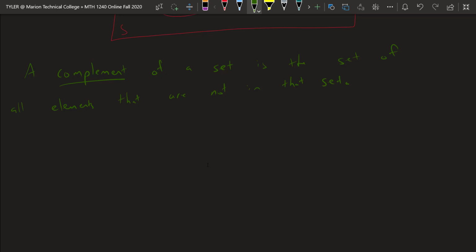In other words, if you remember, S is the set of rolling a 12-sided die, so it's the numbers 1 through 12.